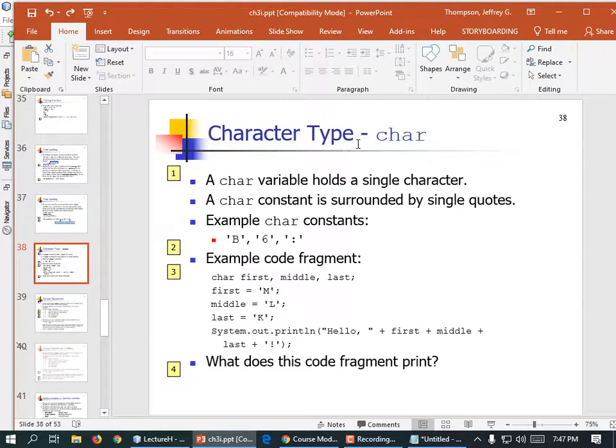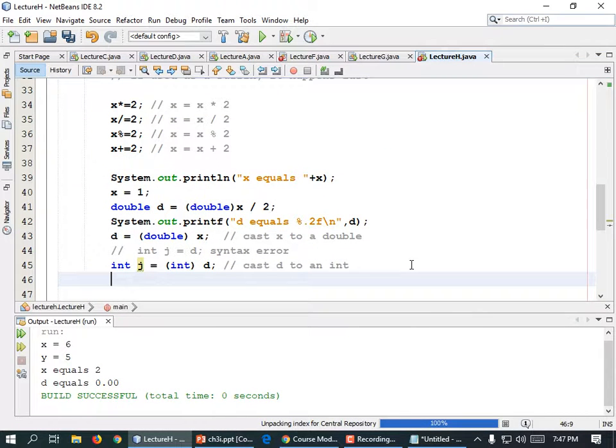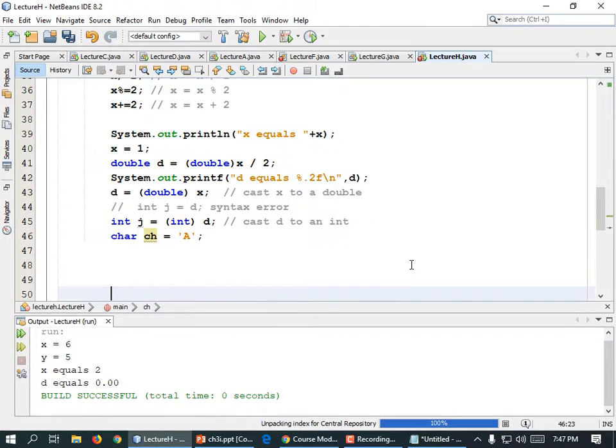So character type, char. A character variable holds a single character, and so it's stored in single quotes, like this. char ch = 'a'; Well, let's print out a, but behind the scenes, everything is a number, right?